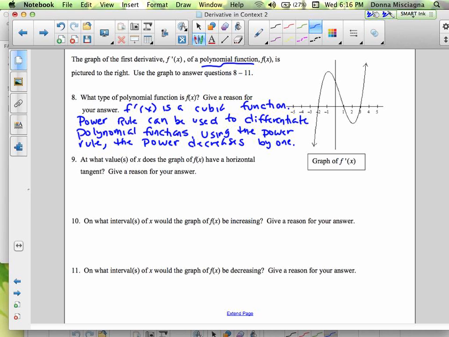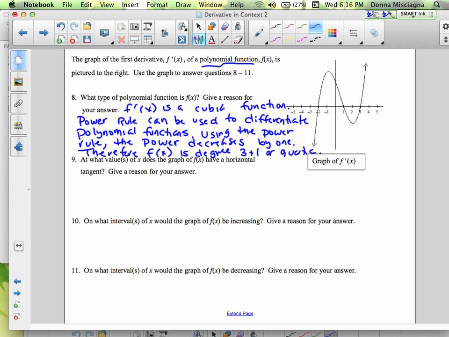Right, so therefore, since f prime of x is cubic, then f of x has to be degree 3 plus 1, or quartic.